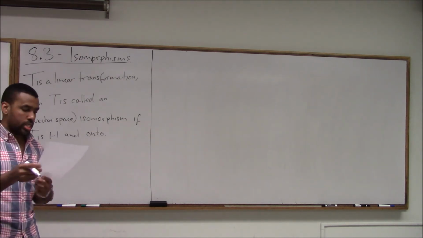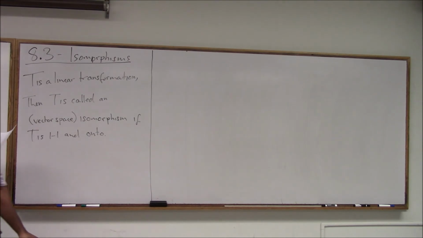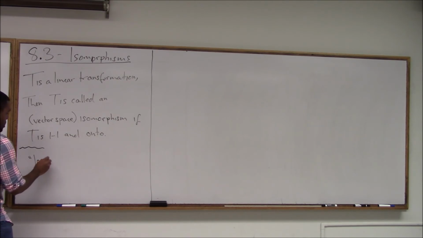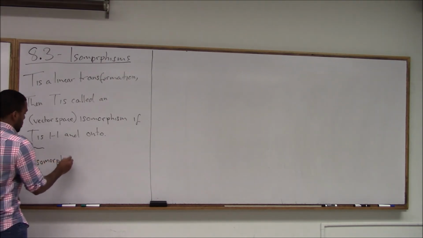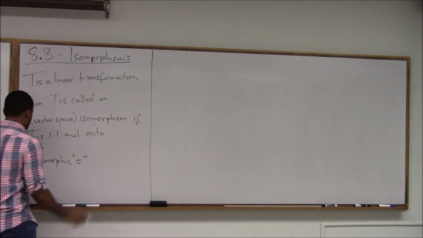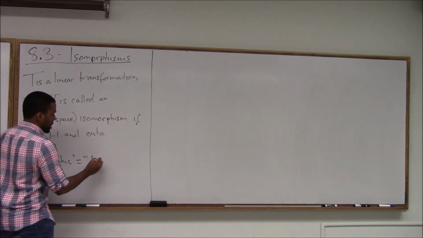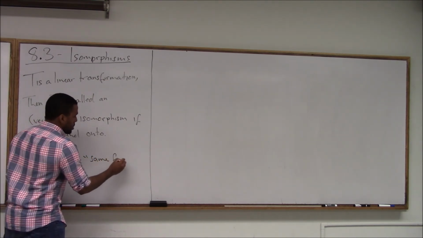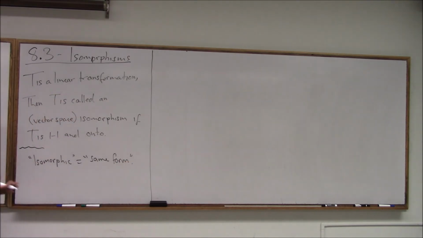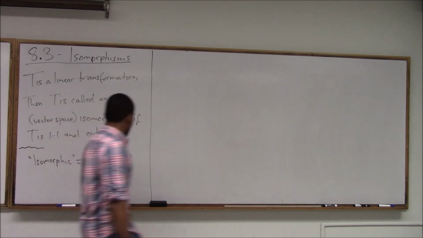Also going to tell you how to translate some things here. By the way, I forgot the root language, it's probably Greek, but isomorphic means the same form. So it is an idea that we can apply to various types of mathematics. In this case, our isomorphism is relating to vector spaces.